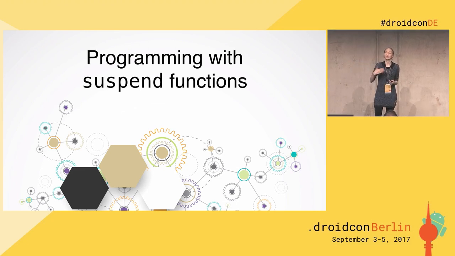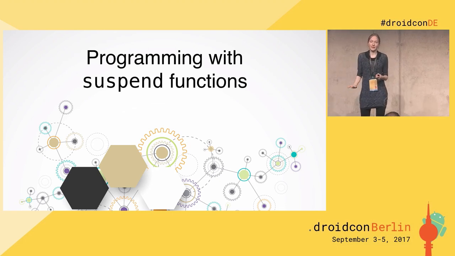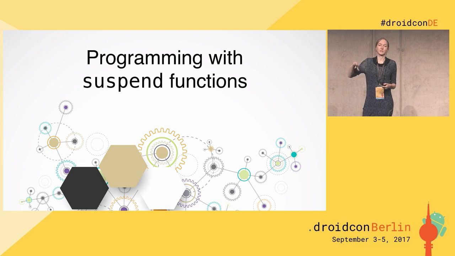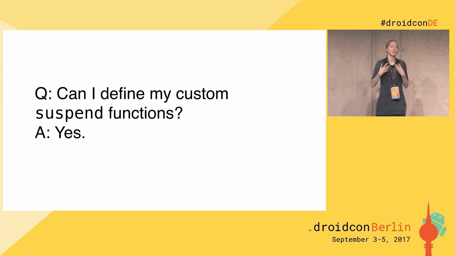It introduced coroutines support. And with the support of coroutines, it allows you to define your own suspend functions and organize your code in such a way that all the points of the code that can be suspended are marked with the suspend modifier. So there is the first question, whether you can define your own suspend functions, and yes, you can.